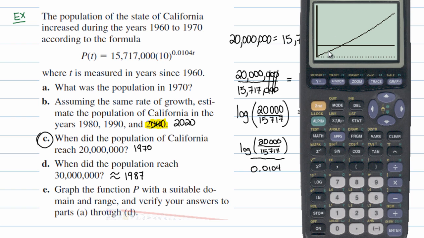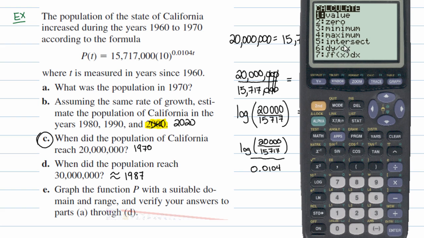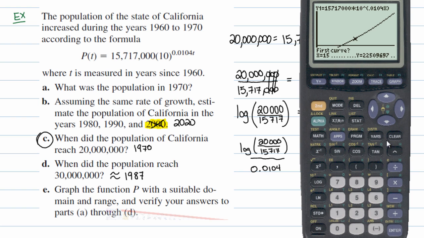The way you do that is through the calculate menu, accessed through the trace button. So second, trace, and notice the 5th option says intersect. It asks me, where's your first curve? I'm just going to say that's perfect because that's the first curve.